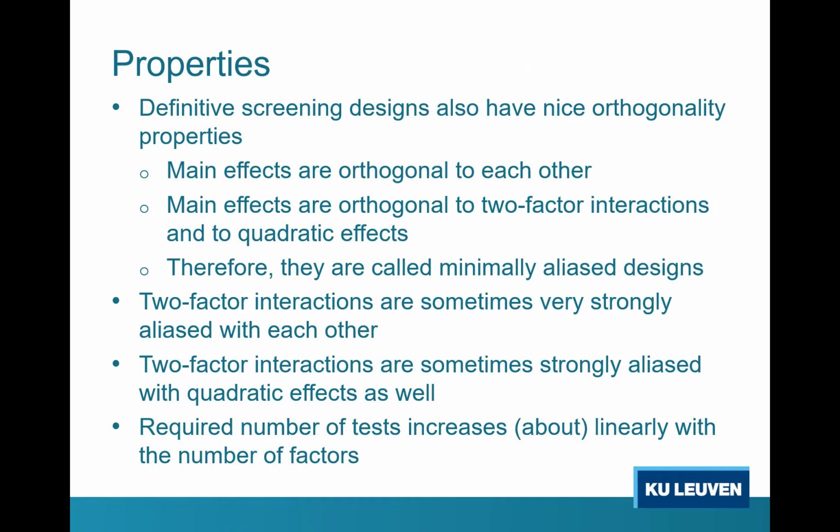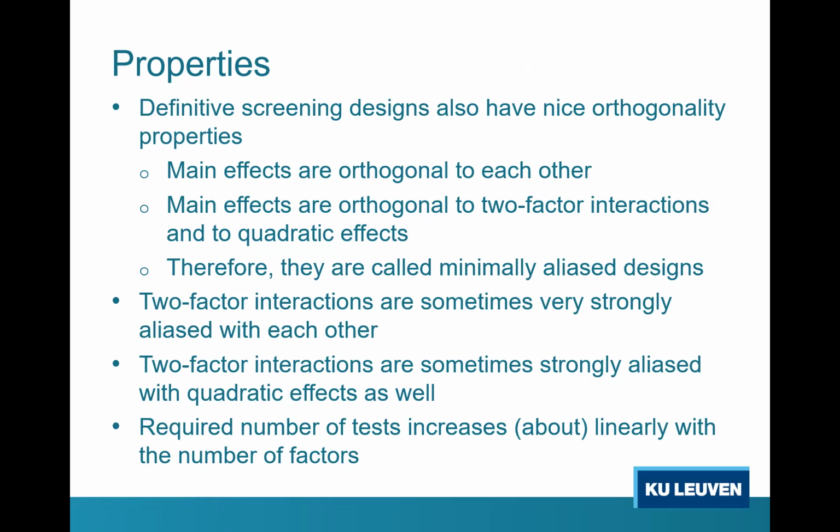On the positive side, that's why experimenters like definitive screening designs quite a lot. Definitive screening designs require you to do only a limited number of tests. Remember, the definitive screening design that I showed you had 17 tests. That's 2 times the number of input factors plus 1. And because of that formula, the required number of tests increases only linearly with the number of factors when you use a definitive screening design.